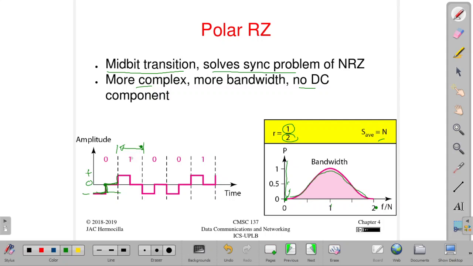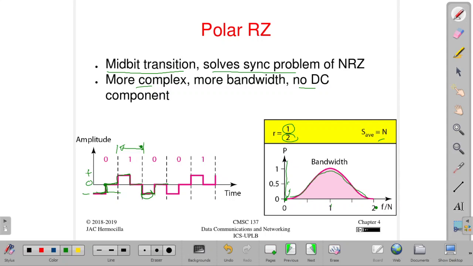To represent 1, we have from positive, then the mid-bit transition. Then we have 0 here, so we start with switch to the bottom, then mid-bit transition. Okay.